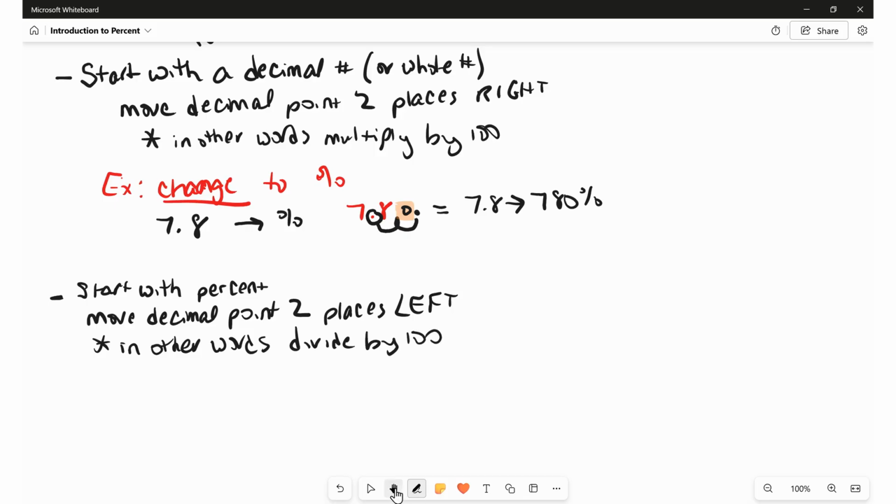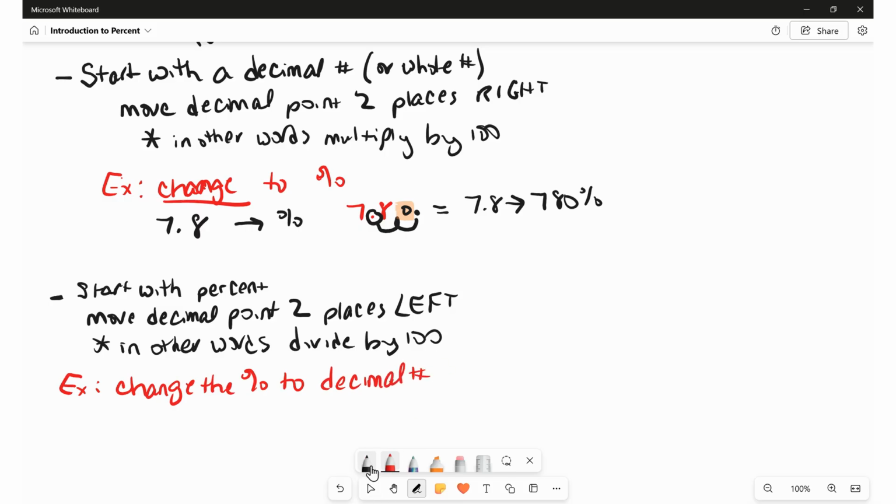So our example here. We're going to change the percent to a decimal number.